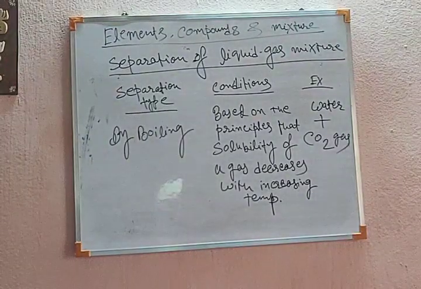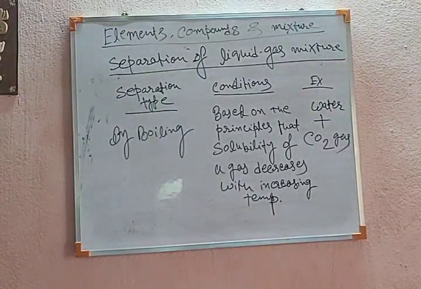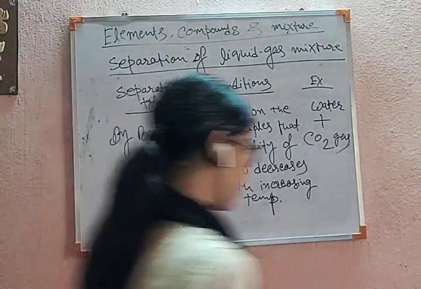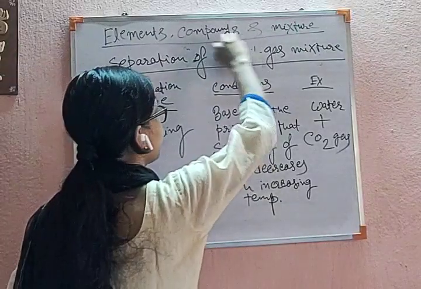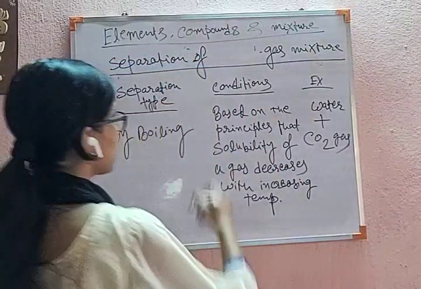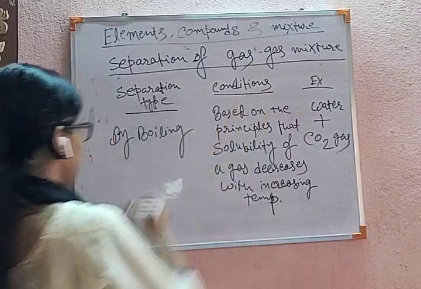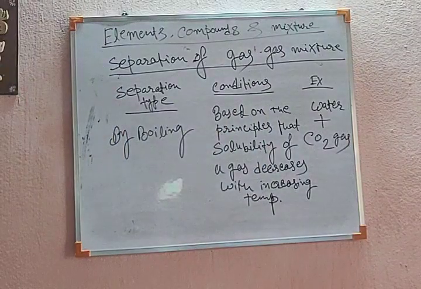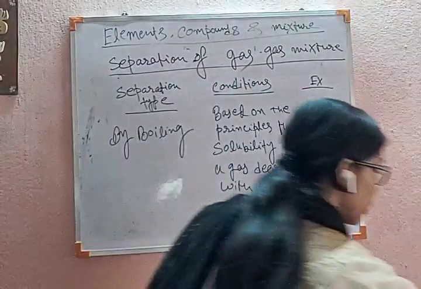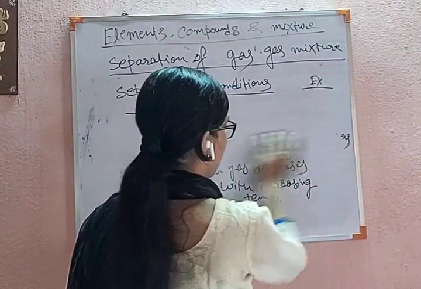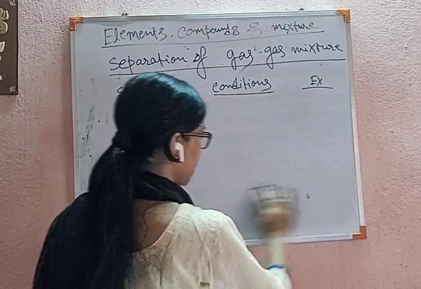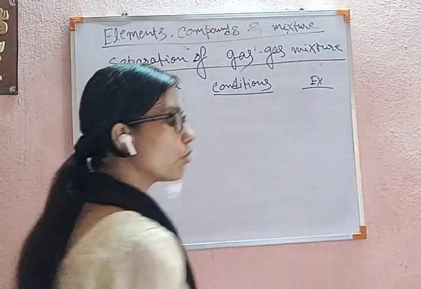This is the separation type of gas liquid mixture, and next is the separation of gas mixture. Gas versus gas mixture. The first separation type is diffusion. Diffusion of gases is also a technique, and it is a property of gases that they can undergo diffusion.